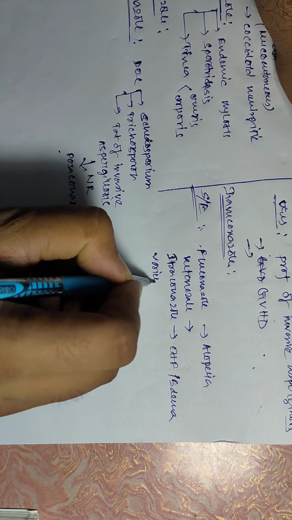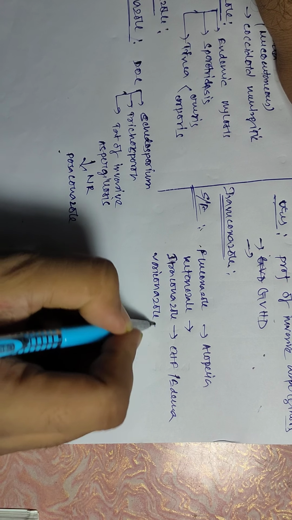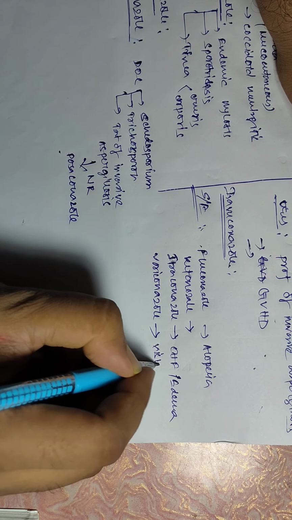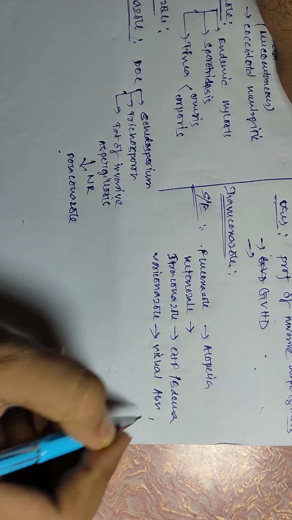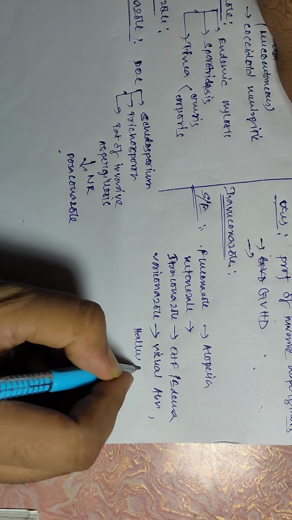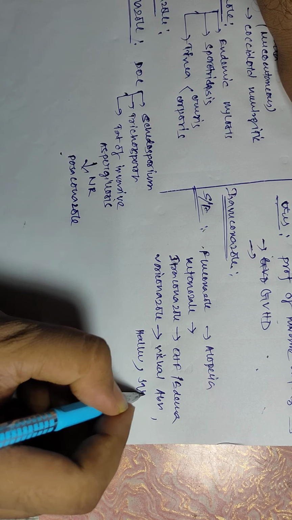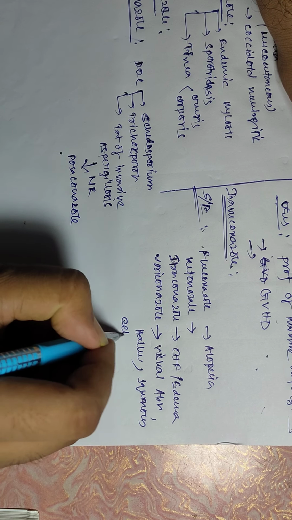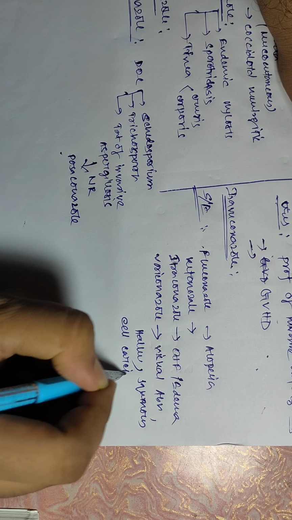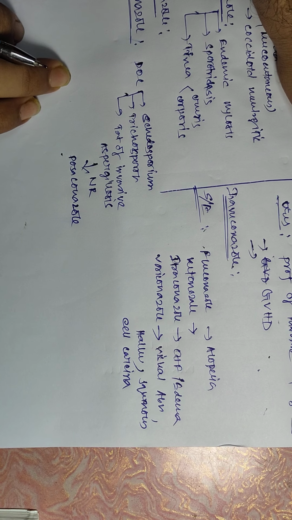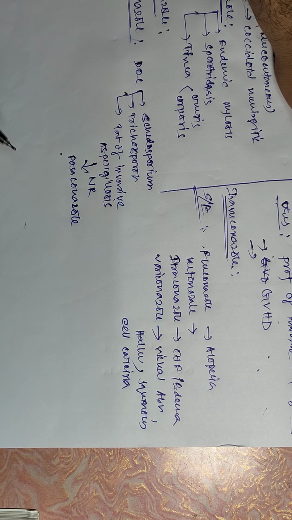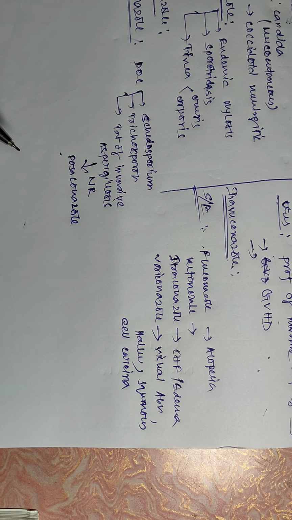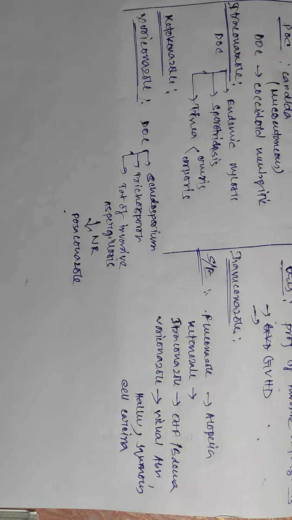The voriconazole causes visual abnormality, hallucination, and sometimes squamous cell carcinoma. Now the common side effect of all these azole group of drugs is hepatotoxicity, right?